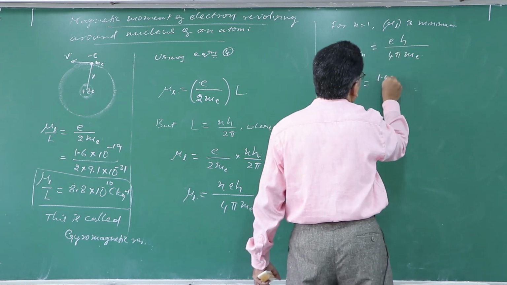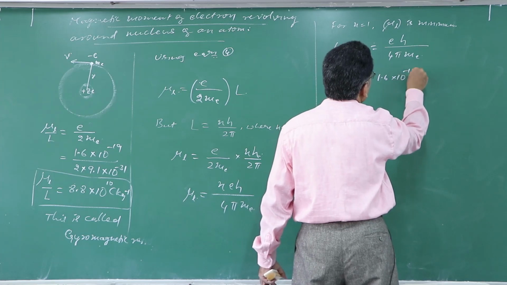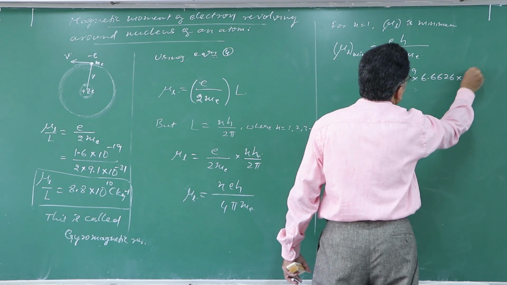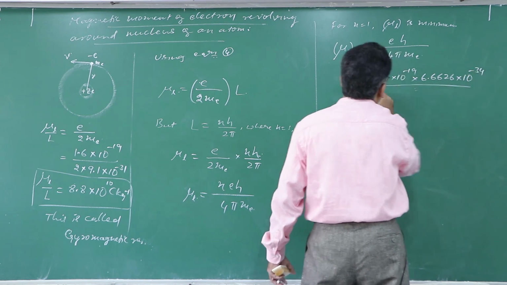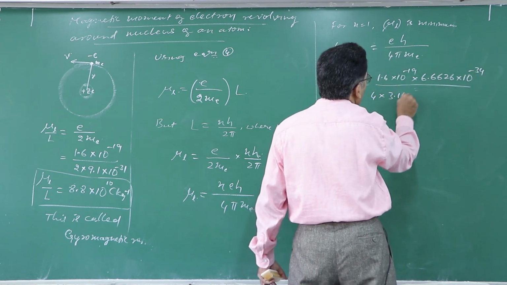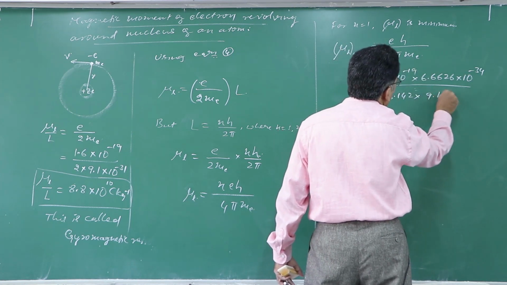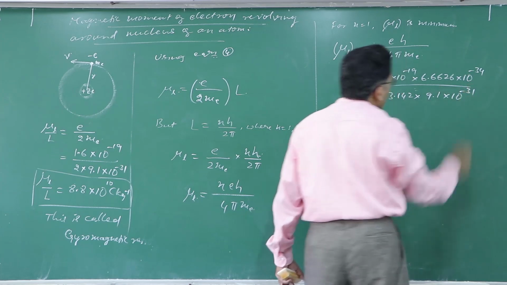e is 1.6 into 10 raised to minus 19. h is 6.626 into 10 raised to minus 34. 4 into 3.142. me is 9.1 into 10 raised to minus 31.